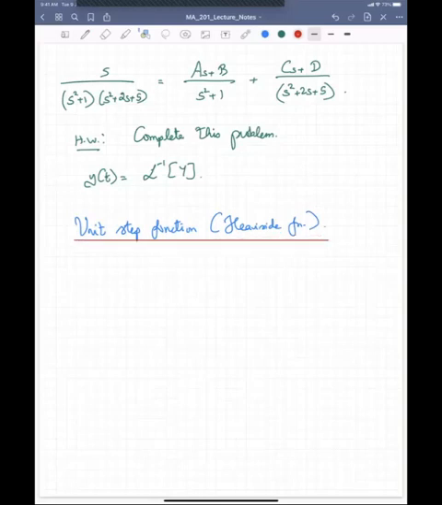So let us draw this pictorially. This is my t-axis, okay? And I have a function whose value is basically unity only after some time t equal to a. Before that, it is basically zero.